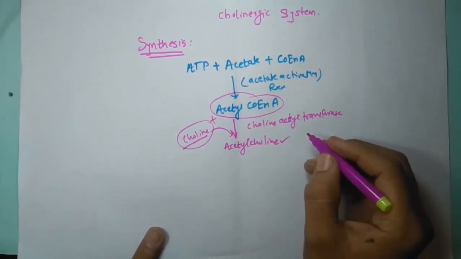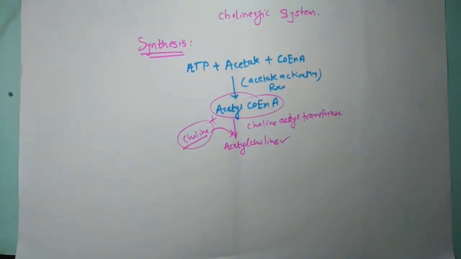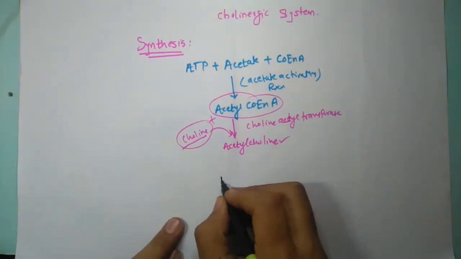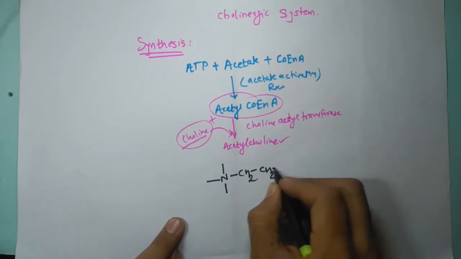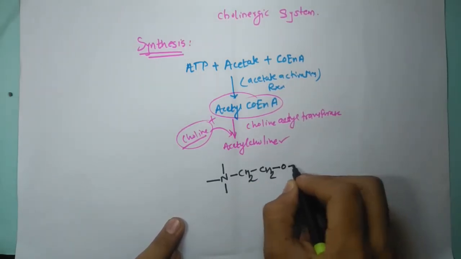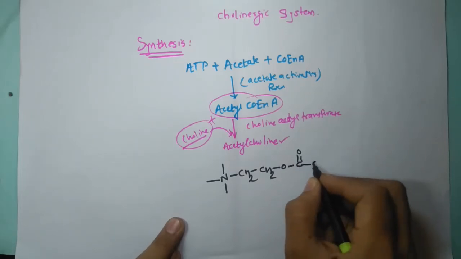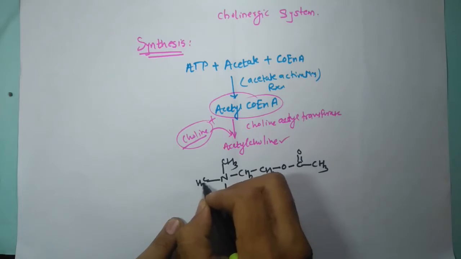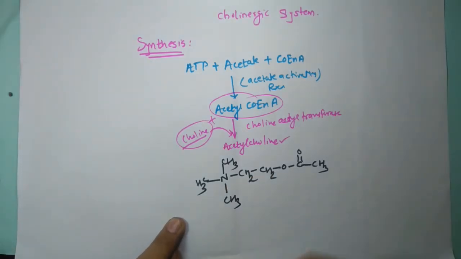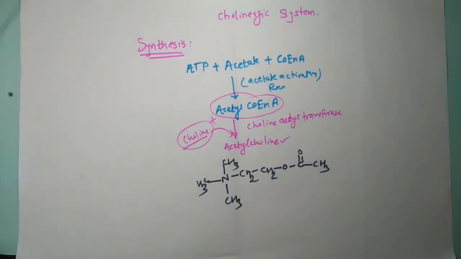Now we will see the structure of acetylcholine. In this structure there are two centers.